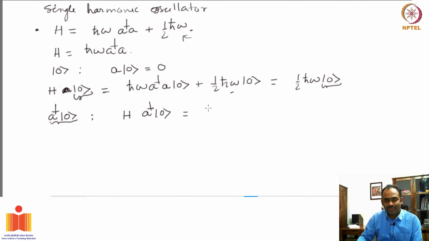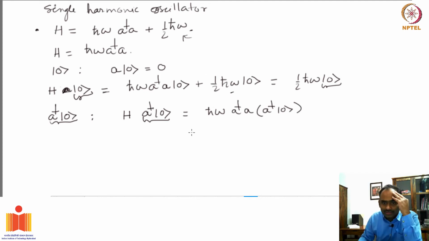So you have h bar omega a dagger a, and then this piece a dagger ket 0. So what is this? This is h bar omega a dagger, that's fine. Now if you could bring this a next to the ket 0, next to the vacuum, then it will annihilate it, right? That's what I'm trying to do, but for that I have to use commutation relations. The commutation relation between a and a dagger is 1.